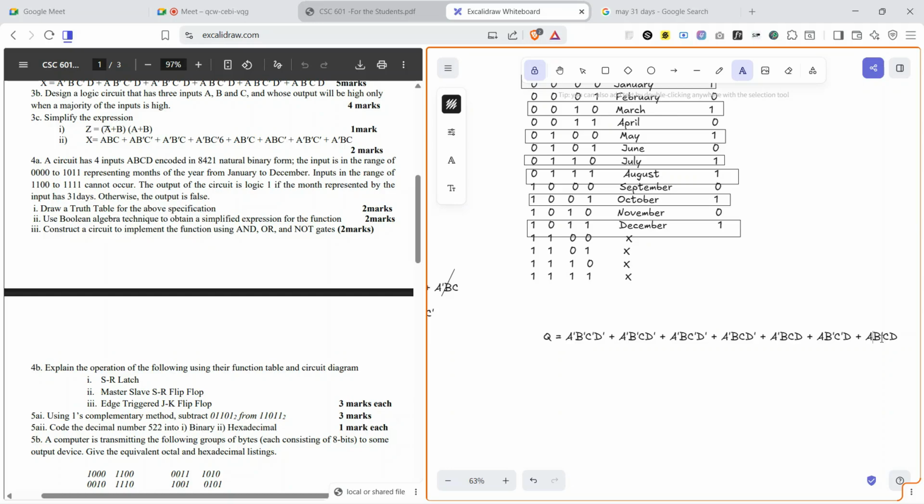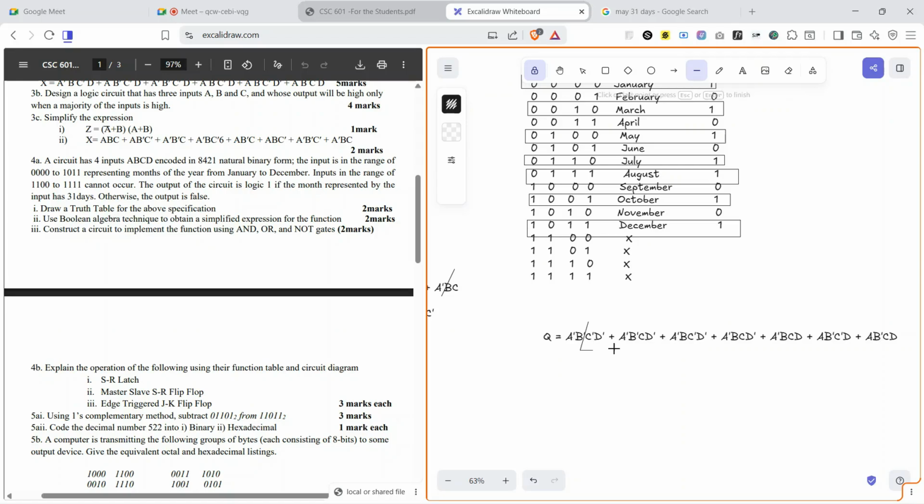So we want to simplify this result. We want to move similar things together. Let's see. Okay, we can move this and this together.